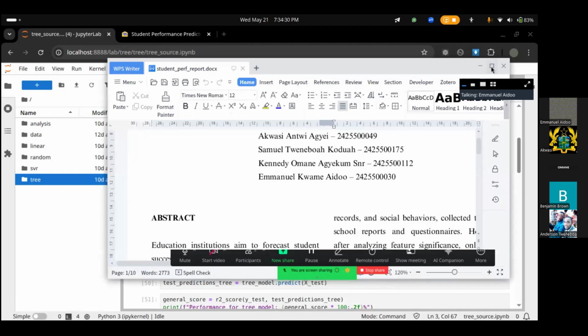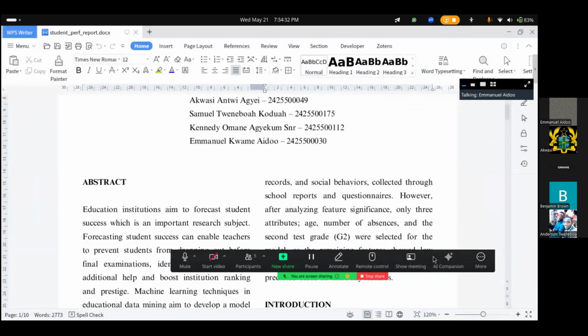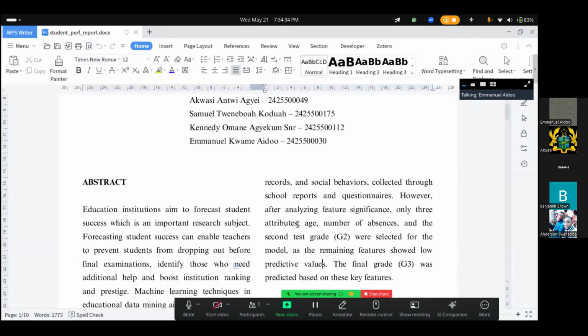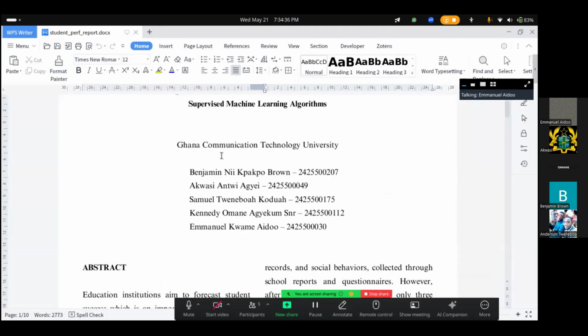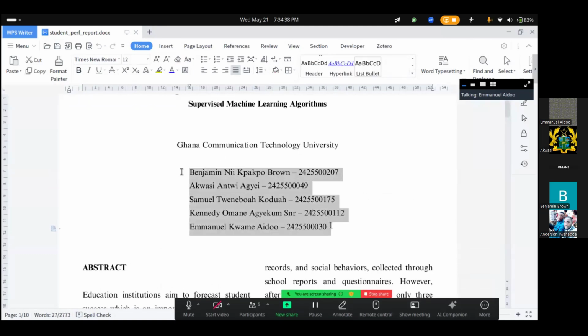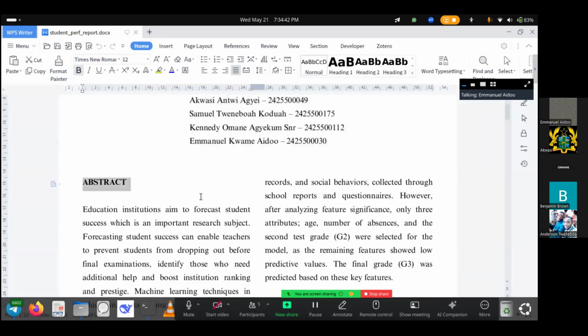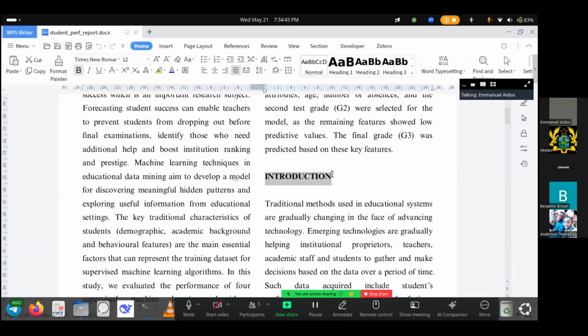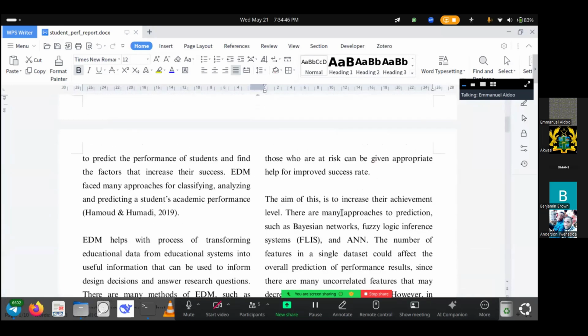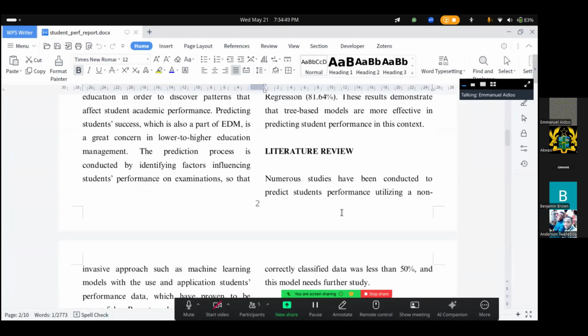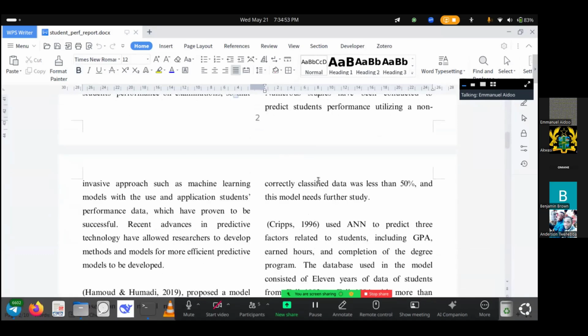Okay, so please, this is our documentation. Now with the documentation, just like I stated earlier, the names of the group members, here we are. We did some abstracts, we did some introduction, and then some literature review. We worked on some studies that people have already done.